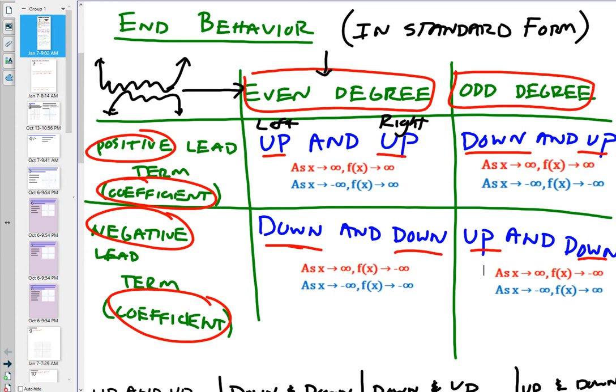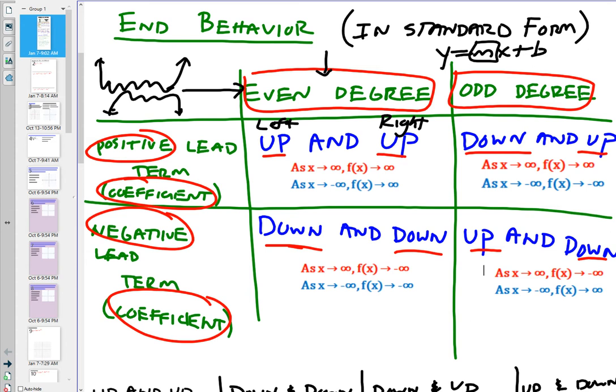As far as an odd degree polynomial goes, what's the odd degree polynomial that we're most familiar with? A linear line. What determines the direction of a line? The slope. Coincidentally, in slope-intercept form, where do you find the slope? The slope is the lead coefficient. It's the number in front of the x.